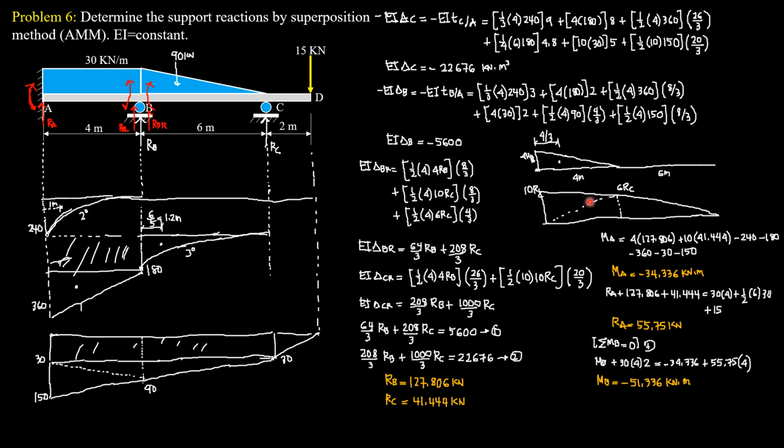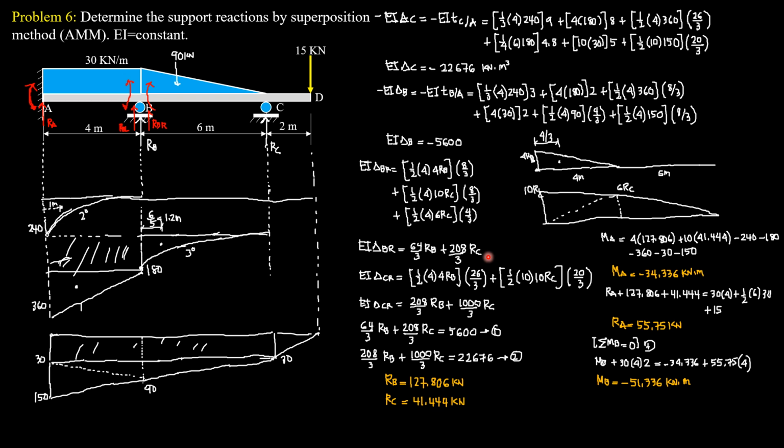Then finally, this area, 1/2 of 4 times 6 RC, that distance is 1/3 of 4, 4/3. So combining like terms, EI delta B due to reaction is positive because it will be deflected upward: 64 over 3 RB plus 208 over 3 R sub C.